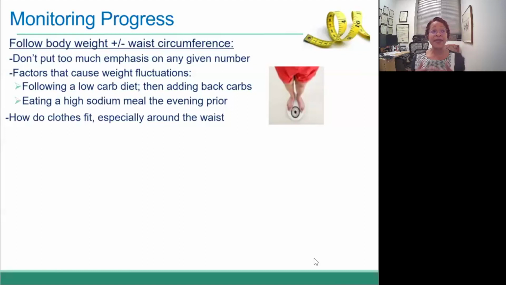If you eat a meal that has a lot of salt in it, you have soup the night before you check your weight, you're going to retain water. So you don't want to get all bent out of shape about that, okay? Another way is to be mindful of how your clothes fit, especially around the waist, because that's the area we're worried about in terms of cardiovascular risk.